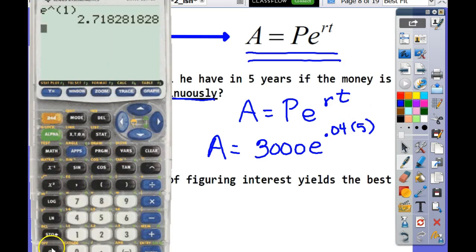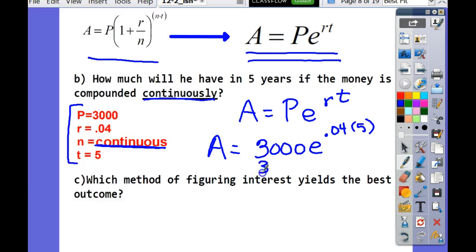This is how you put it in your calculator. 3,000 times e raised to the 0.04 times 5 power, and that is how much money? 664.21.